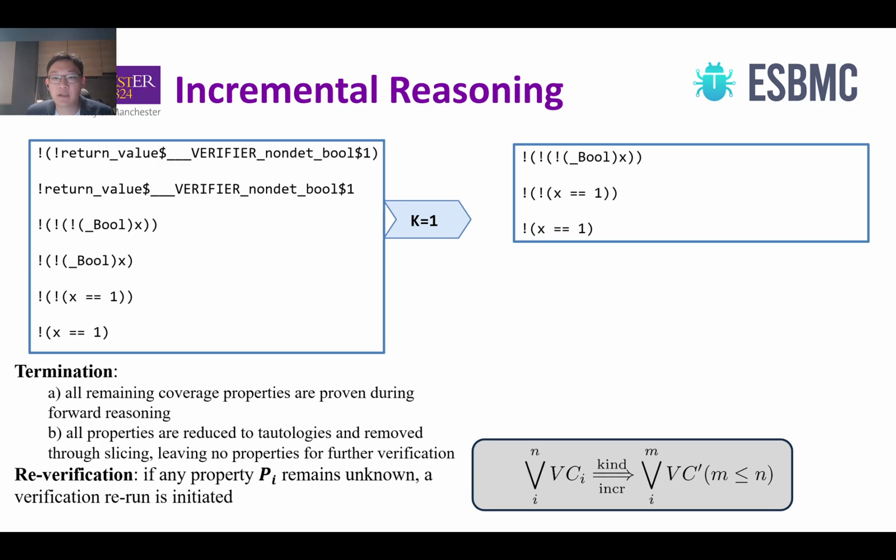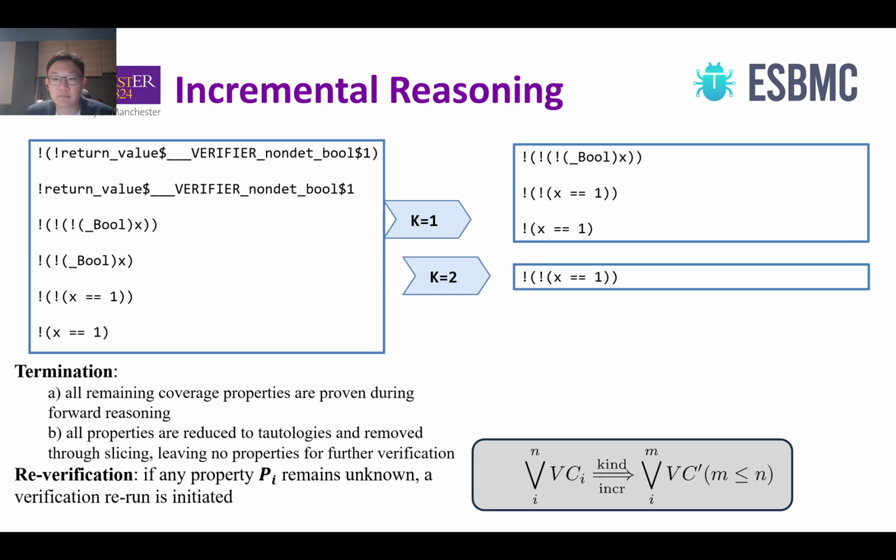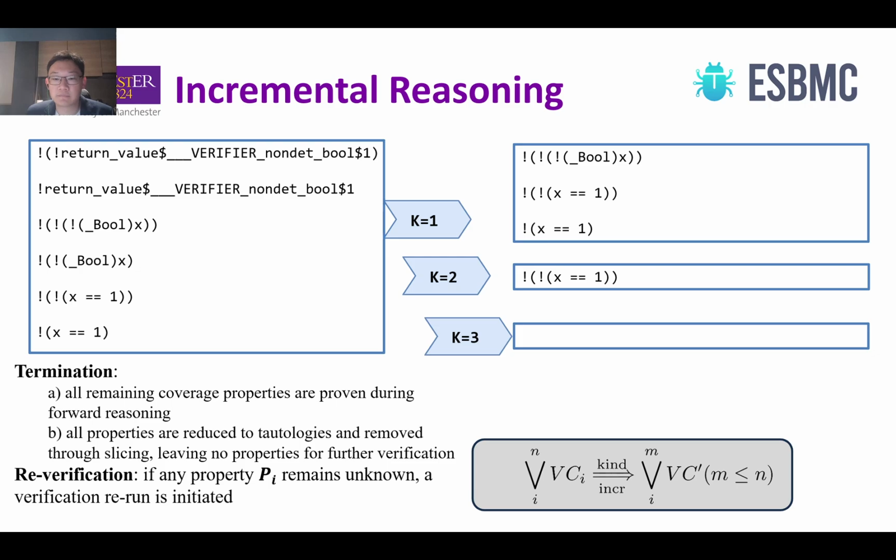Normally, this could be either correct or violated, but in these specific cases, they are found violated, meaning that these branches are formally proven to be able to enter. And since coverage properties are left, the whole process is continued. So we redo the slicing and regenerate the verification condition, and we redo the incremental SMT solving. And finally, since no property remains, the whole process terminated.